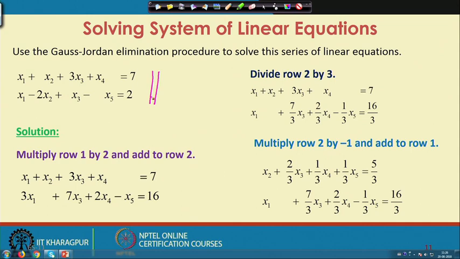So, 5 variables, 2 equations. Let us convert this system of equations to its canonical form.